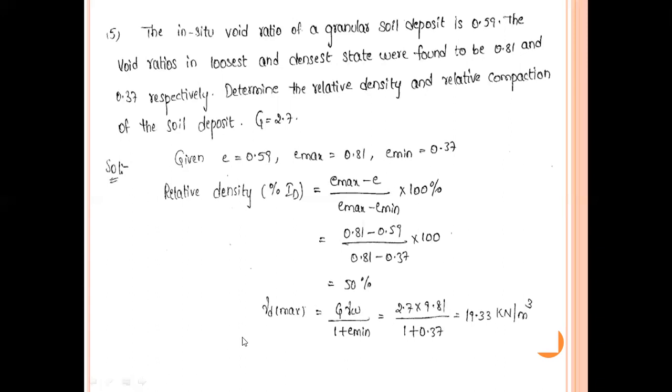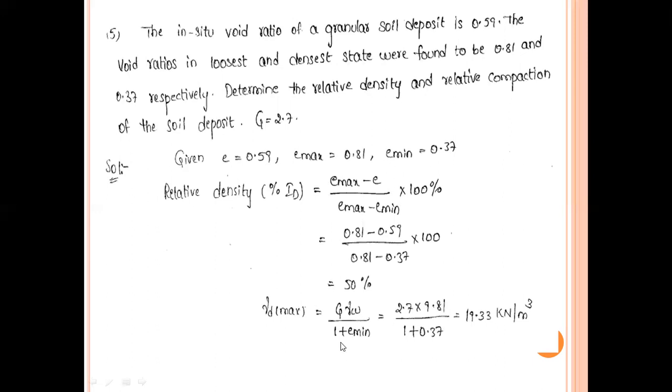Next, we find out the dry density gamma D maximum. Gamma D equals G into gamma W by 1 plus E. So here the relative density is determined. Now for the compaction of the soil, the soil is dense, the state is densest, so we take the densest void ratio, and densest means E minimum.